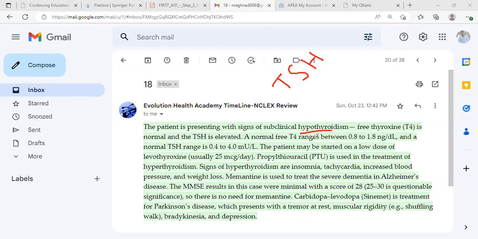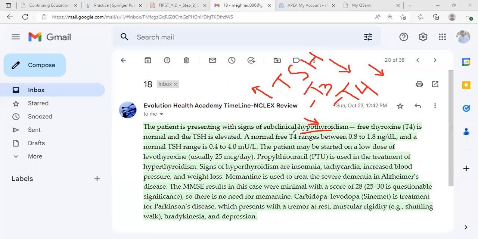In hypothyroidism, TSH always goes up, but T3 and T4 always go down. So how I remember it for my board exam: hypo means reduced, so T3 and T4 reduce, but the opposite, TSH, increases. In case of hyperthyroidism, T3 and T4 increase, but TSH goes down.